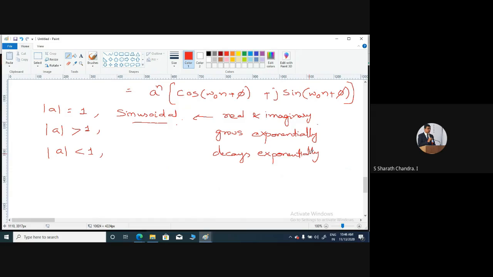As said, when mod a is greater than 1, it will be a sinusoidal signal which grows exponentially, and the shape of the sinusoidal will be something like this. It goes on exponentially increasing.